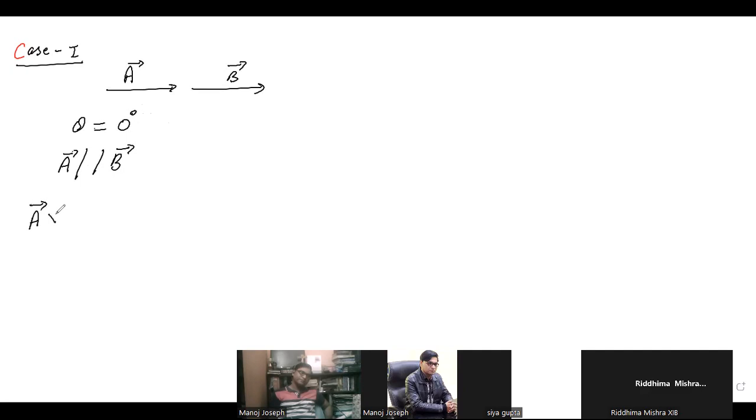Their cross product will be AB sine theta, and theta is 0.